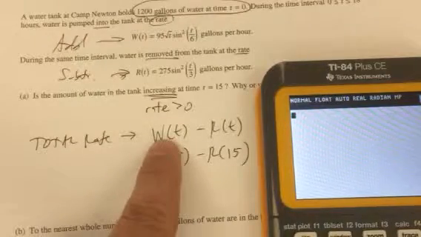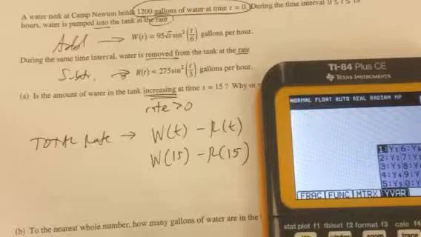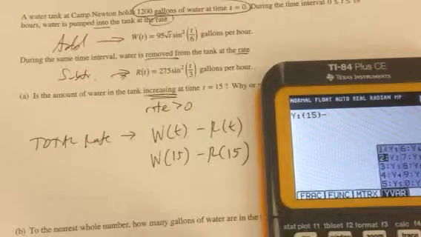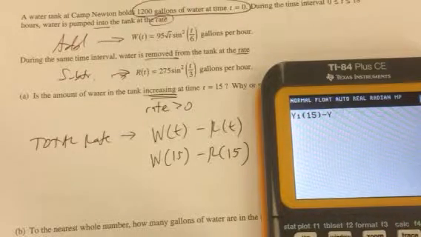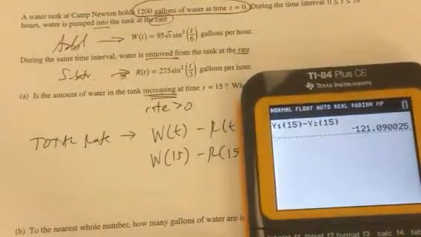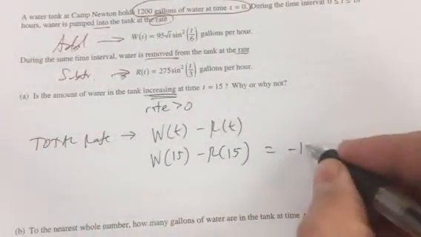My first function was W, so here I go: Alpha trace, evaluated at 15, minus Alpha trace, we need Y2, evaluated at 15. There you go. Negative 121.0900. Make sure you go at least 3 decimal places.